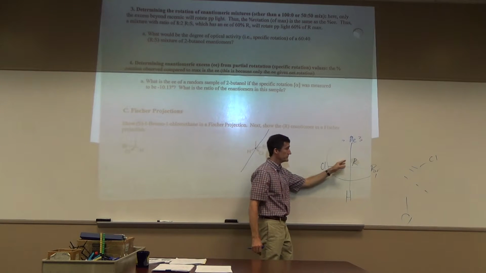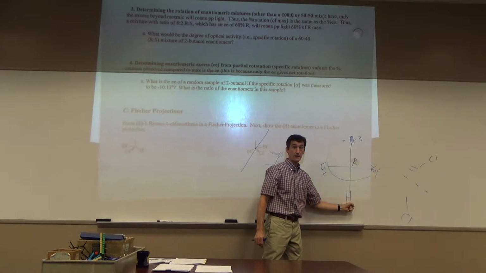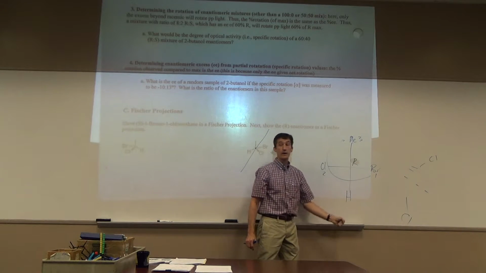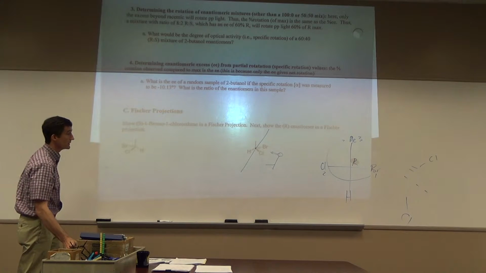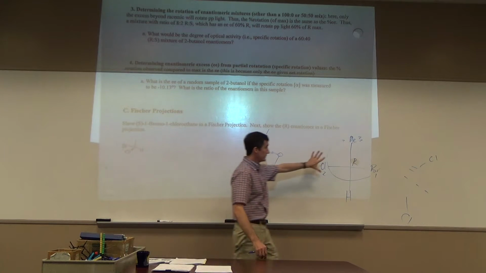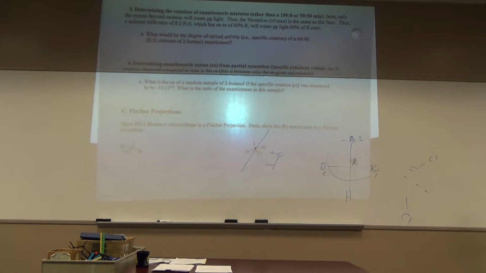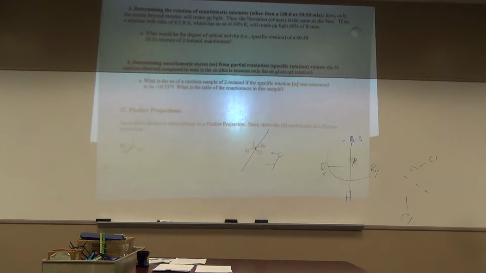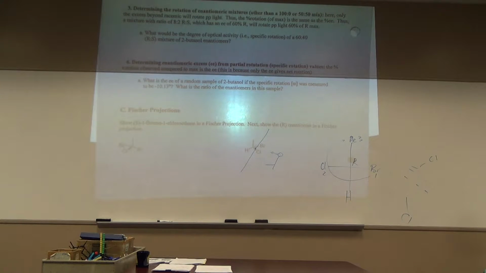Because when you draw it in a Fisher, you're actually doing a different view. Now the H is either forward or back. In this case, it's back. Drawing it this way is a convenience, and that's why it was developed. I think this was Emil Fischer who did a lot of different stuff.